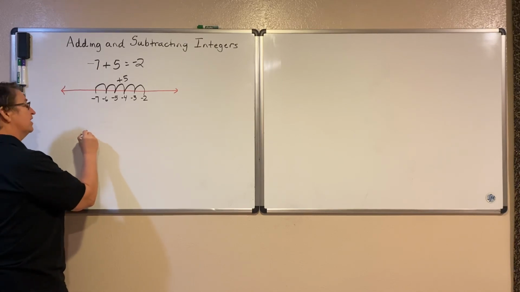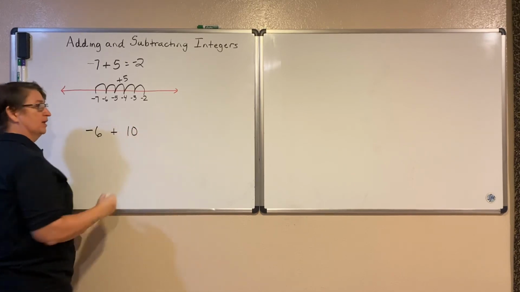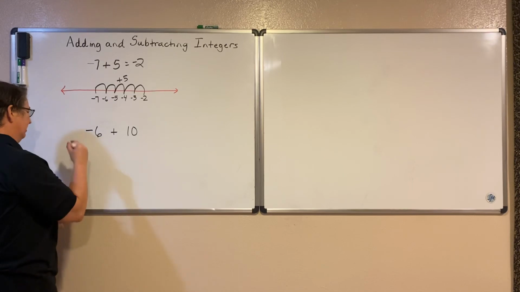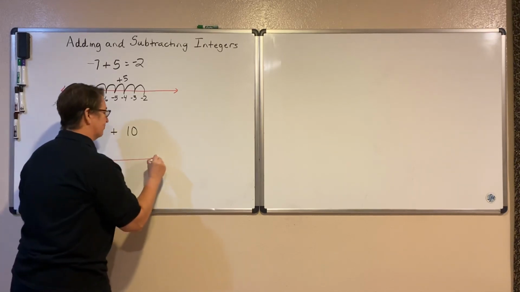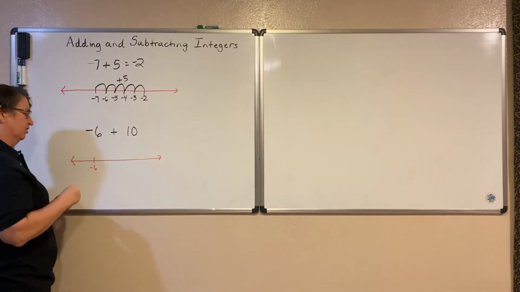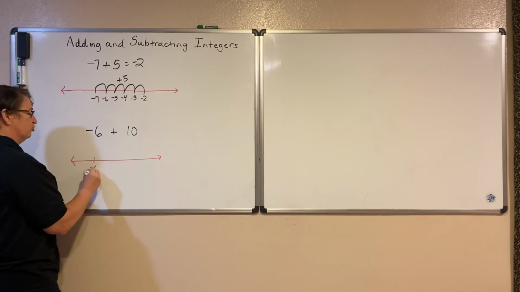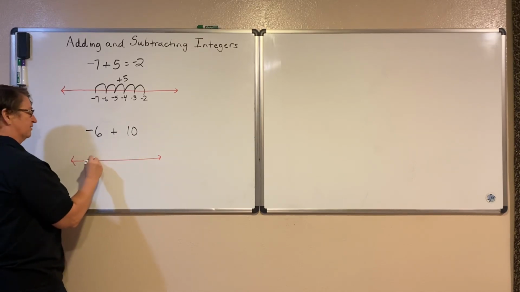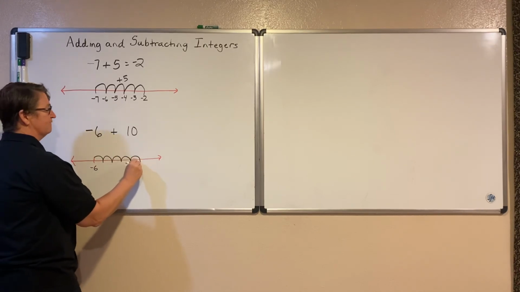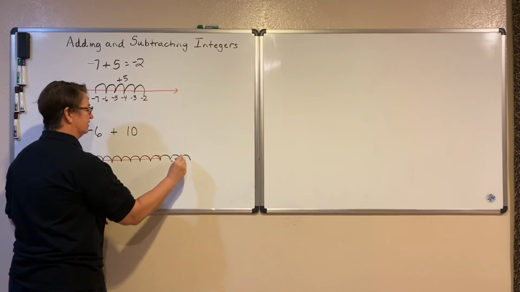Let's do another example. How about if I have a -6 plus 10? I'm going to do that same thing where I start at -6 on my number line, and I'm going to walk towards positive land. So I'm going to start there at -6 and walk up to the right 10 spots. 1, 2, 3, 4, 5, 6, 7, 8, 9, 10 spots.